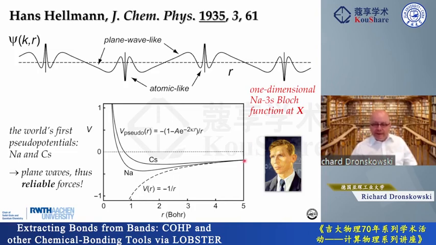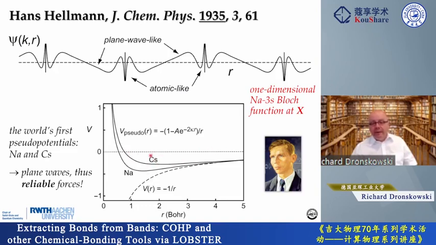And this 3s electron will not fall into the nucleus, but it will be repelled by the already filled inner core shells. So the 2s are filled, the 2p are filled, and the 1s. Because of this, we just have a weak pseudopotential. And for the cesium atom, this pseudopotential will be even weaker because there are more electrons filled already.